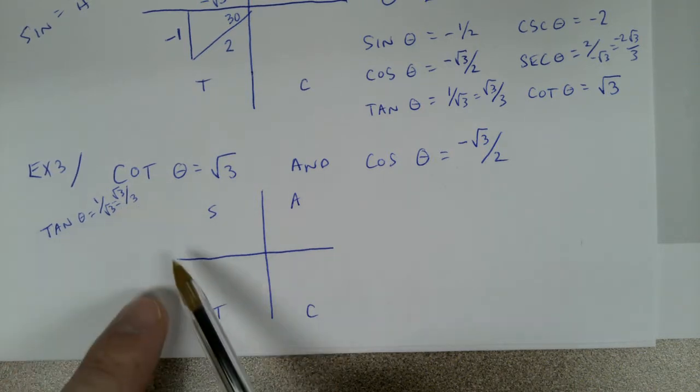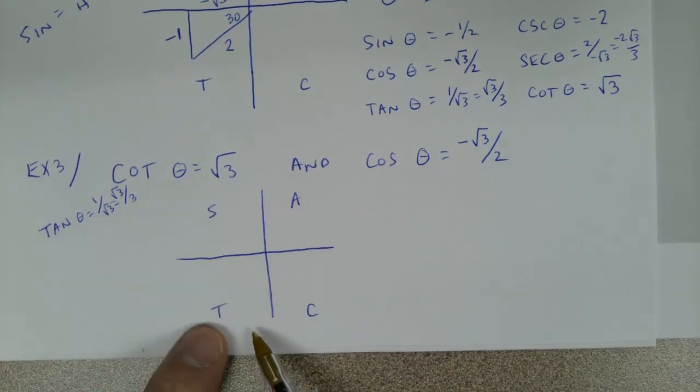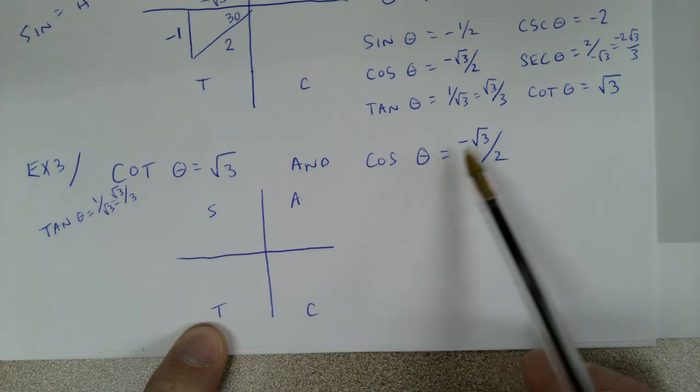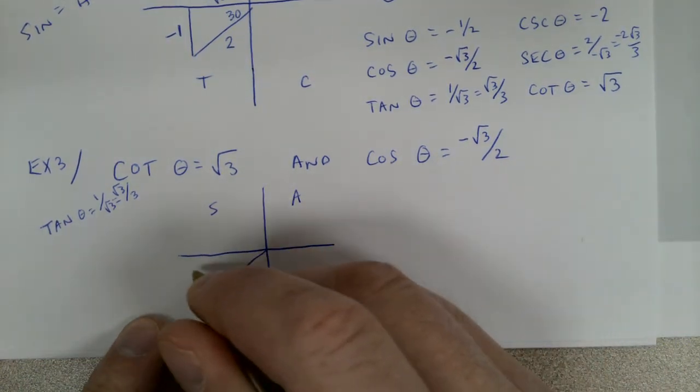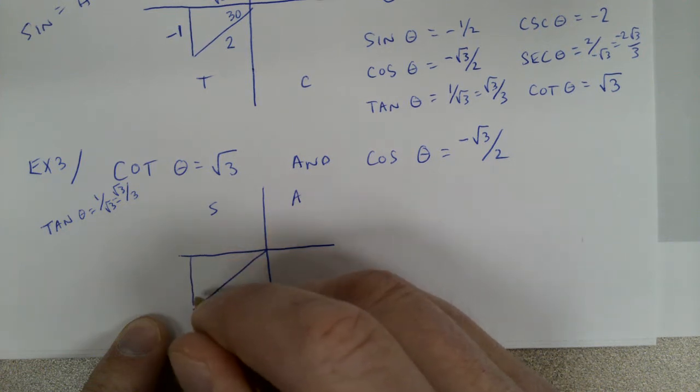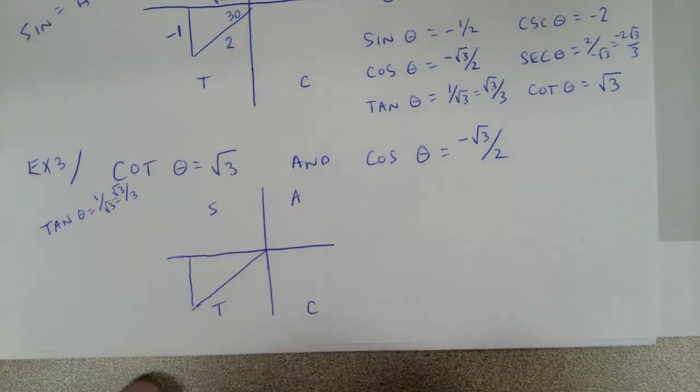That's positive, so we want tangent to be positive. We want cosine to be negative. So again, that's going to put us in this third quadrant.